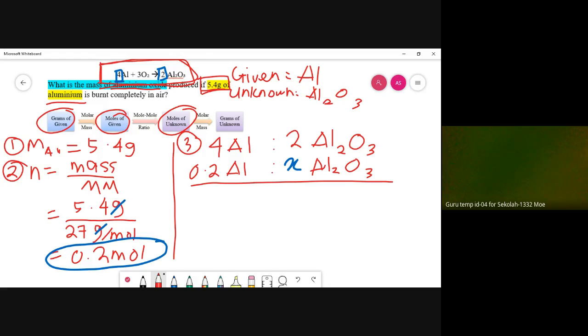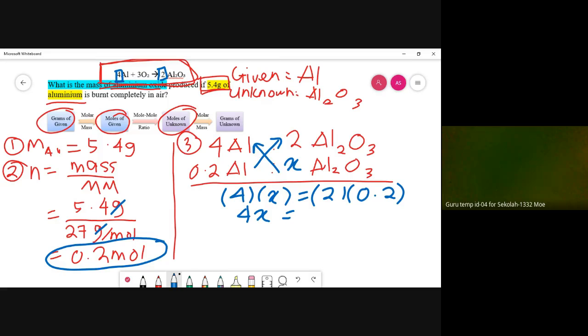Okay. So sampai sini what you have to do is cross multiply. Macam ni. So when you cross multiply, you will get 4 times x equals 2 times 0.2. So sini you will have x equals 2 darab 0.2 berapa?